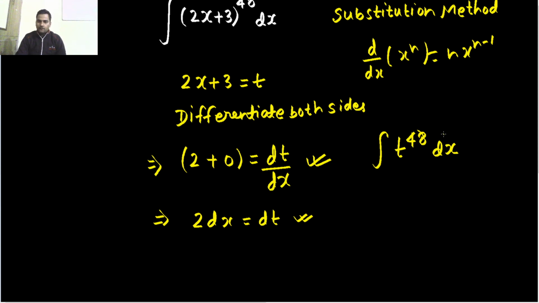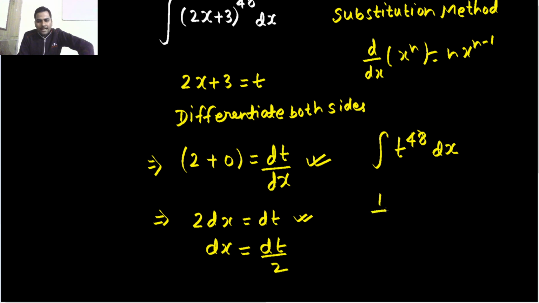This will not work. So what we do, we have to change this dx also in terms of dt. So that's why we need this equation. To give a simple look to this equation, take 2 to the other side. So we get dx as dt by 2.